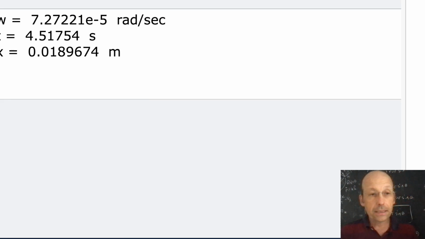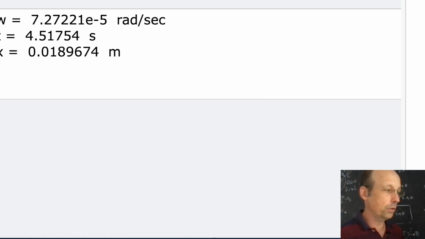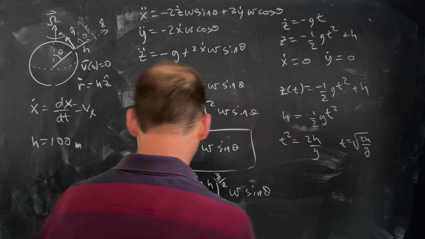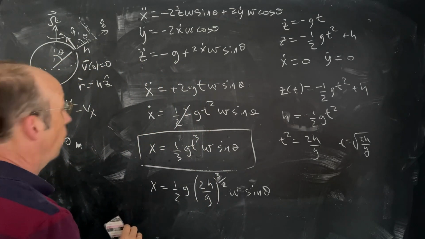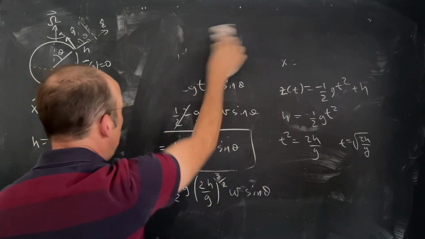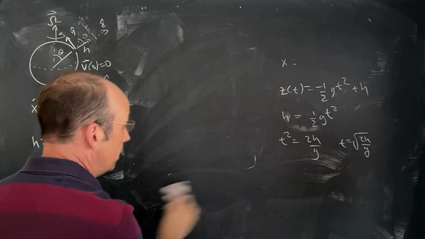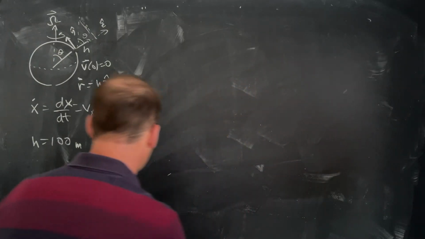Okay, let's do the problem the second way. Let's switch back and talk about what we're going to do. I'm just going to delete all that stuff. Okay, let's do this a different way. And I'm actually not going to assume a zero centrifugal force. What I'm going to do is calculate the force on the object.